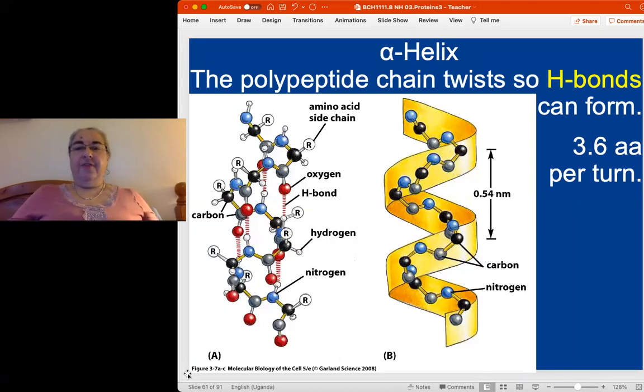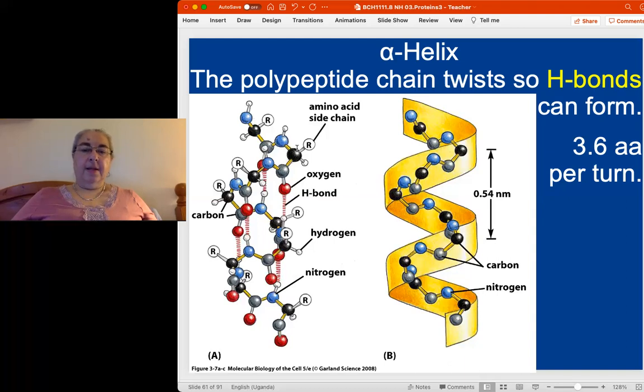So an alpha helix. Here is a diagram of a polypeptide chain folded up into an alpha helix. So if we follow along this chain, you can see the polypeptide backbone connected by the peptide bonds. It's going here, here, here, here, and here.